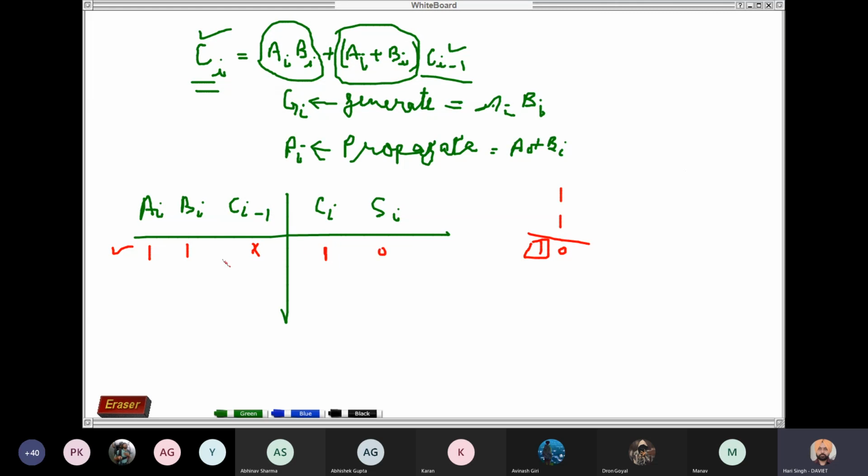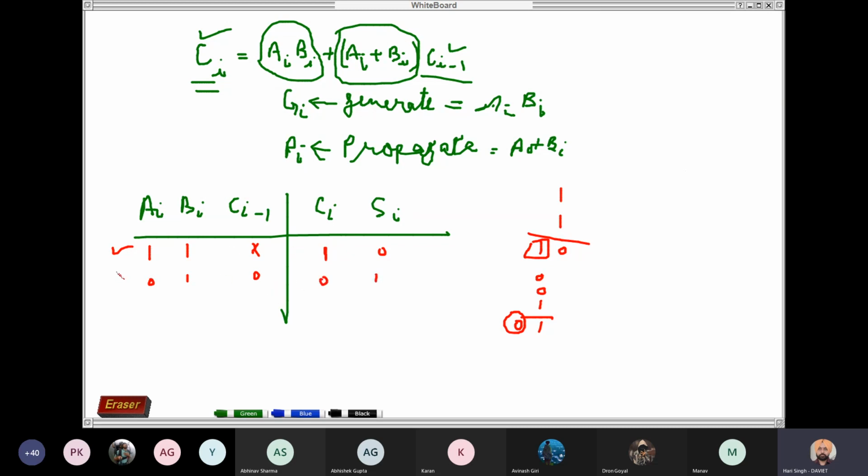The sum is 0. Now if the status is 0 1, if we add 0 and 1, you will have sum 1 and carry 0. If we consider the previous carry, suppose it was 0, and we add that too, then carry will be 0 and sum 1.